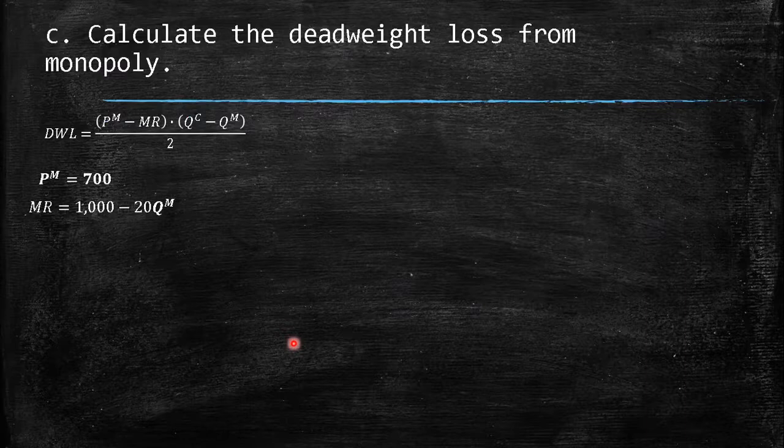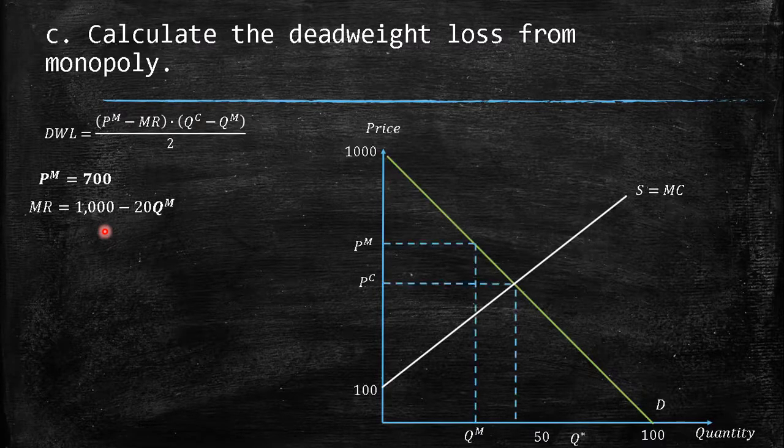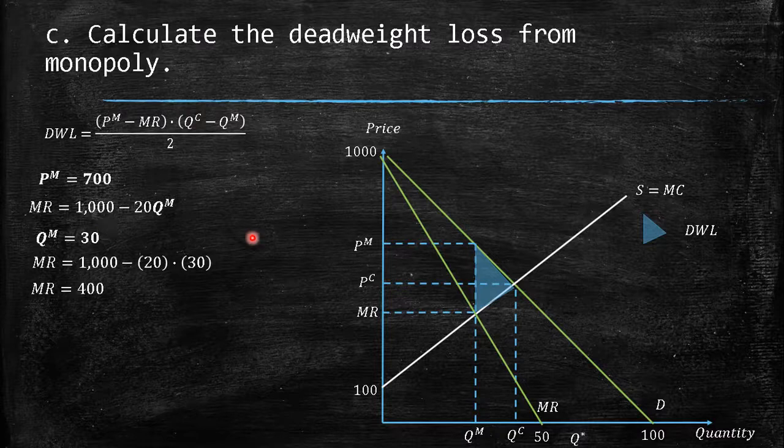So here we continue. Remember, the price of the monopoly was 700. The marginal revenue we need to figure out, so it should be just replacing. Just to remember the scheme that we are trying to find. And here we have 30, the quantity, so then we replace here the marginal revenue. The marginal revenue here is 400.